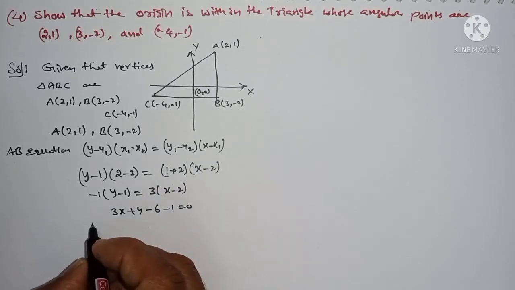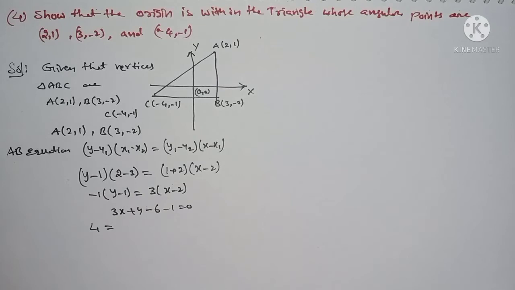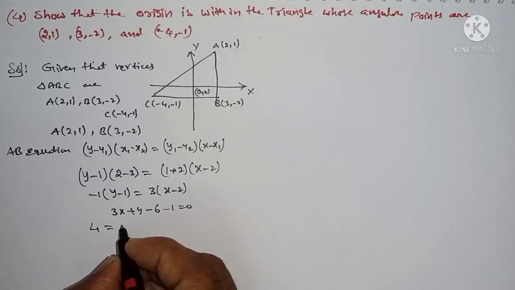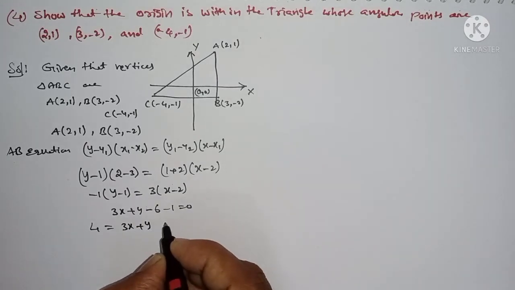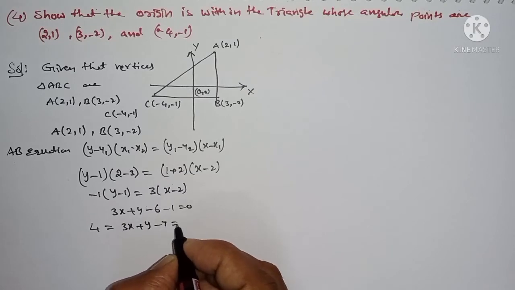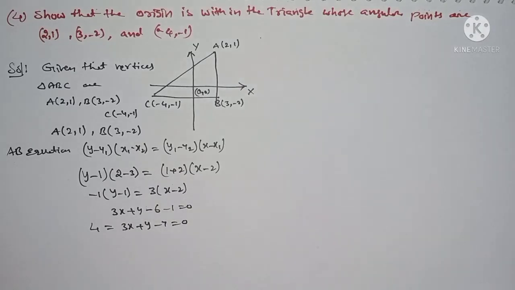Therefore L1, line equation number 1, is equal to 3x plus y minus 7 is equal to 0.